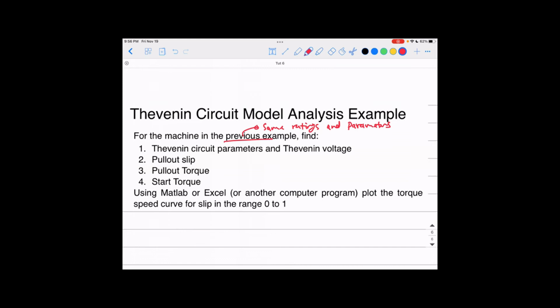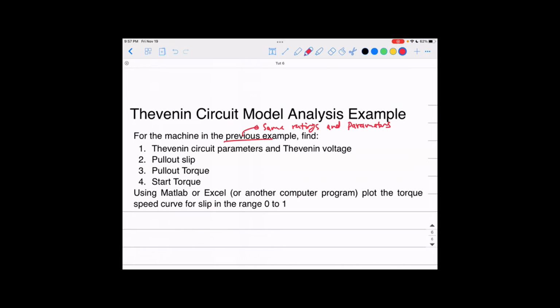But that doesn't mean it has the same working conditions. It doesn't mean it's working at the same speed or the same slip. They are different now, okay? So it's the same machine, but it can be dealing with another load, another speed, another slip, another power. But it has the same ratings because that's dedicated to the machine, and the same equivalent circuit parameters because, again, that is unique to the machine.